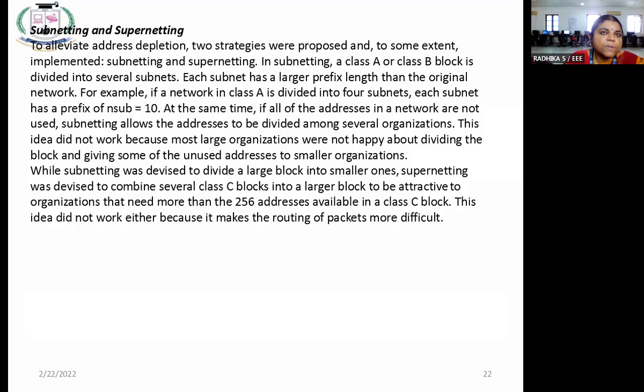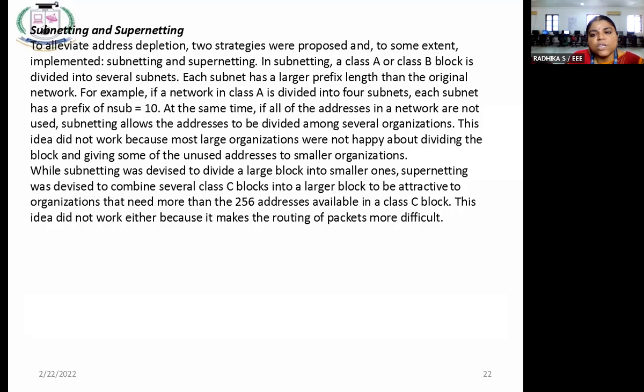If there is a possibility to increase the number of bits to represent the address, that is the next version, IP version 6. But as such, it could not be implemented immediately for the entire world all at the same time. So they tried to make use of IPv4 itself, and they used a strategy called subnetting and supernetting.